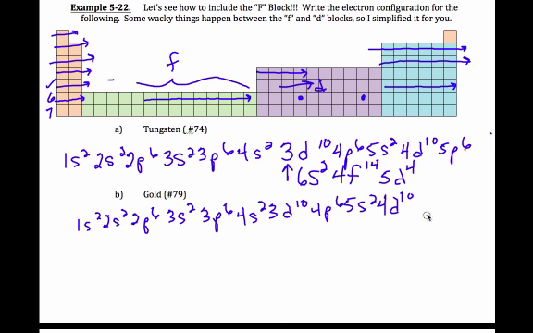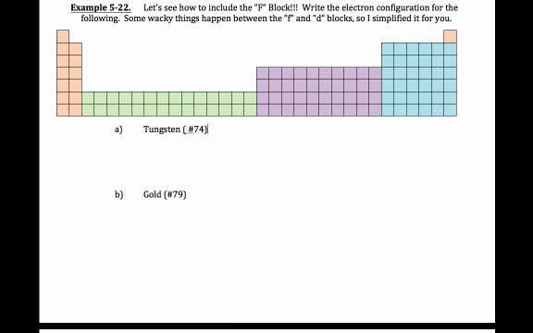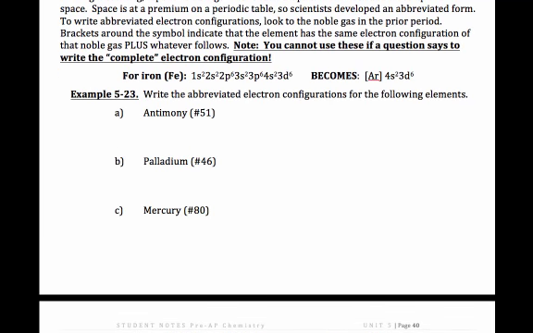So that's where we are right now, 4d, then 5p6, 6s2, go all the way through the F, 4f14, and now we're in the 5d, but this time it's 1, 2, 3, 4, 5, 6, 7, 8, 9. 5d9. Okay, so that's how we handle the F block. All right, a simplified F block. And that also gives you an indicator of what the periodic table looks like when you've got that F block internal.